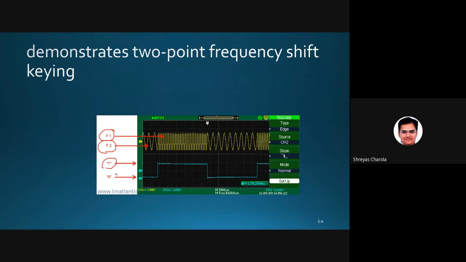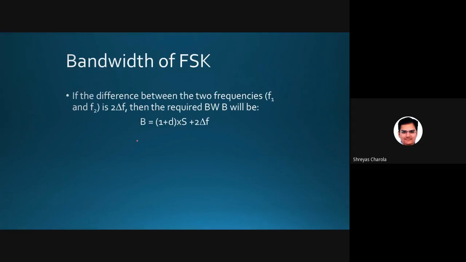For the logic 0, we are getting the lowest frequency. So what should be the bandwidth over here? And what does 2 delta F stand for? So here, the bandwidth of FSK will be 1 plus D into S plus F1 minus F2.